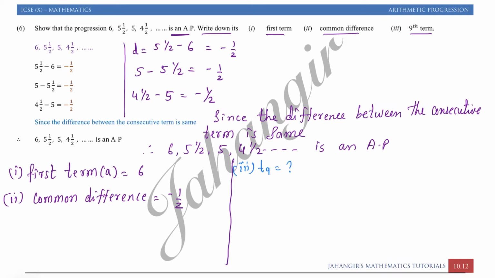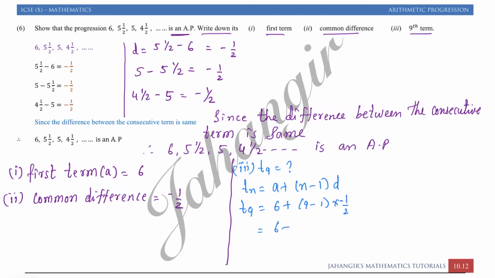So for that, first I will write the formula for Tn. Tn is equal to A plus n minus 1 into D. So now I can write T9. In place of n, I will just replace 9. So A is 6 plus, in bracket, 9 minus 1 into D, which is minus half.